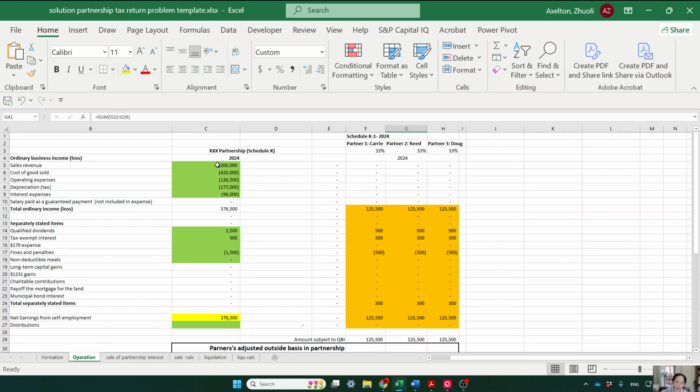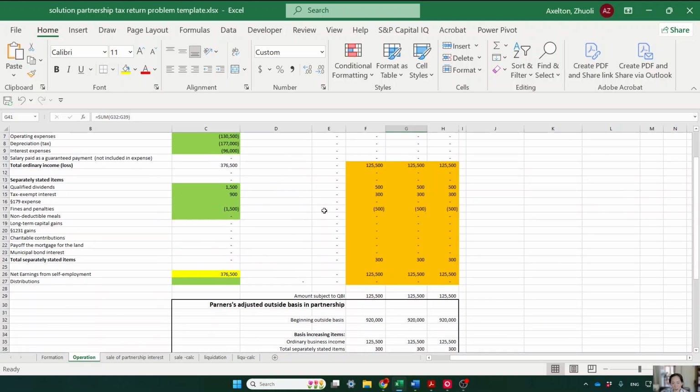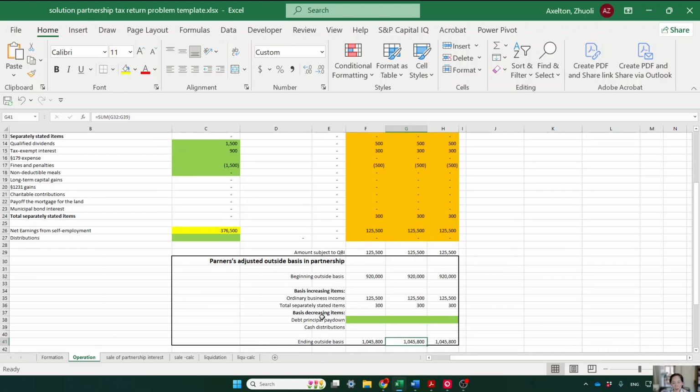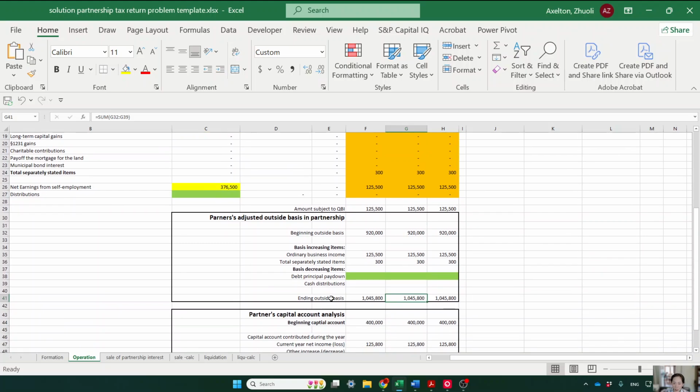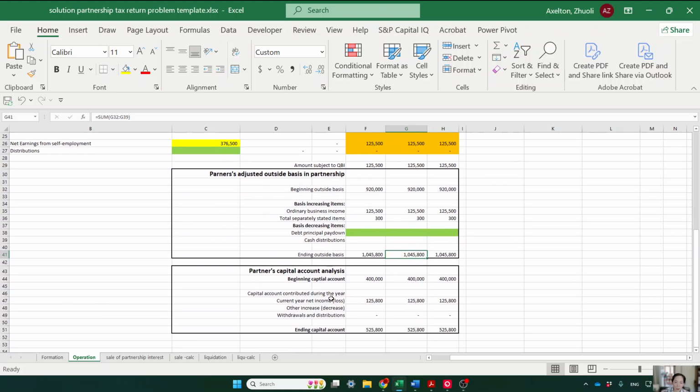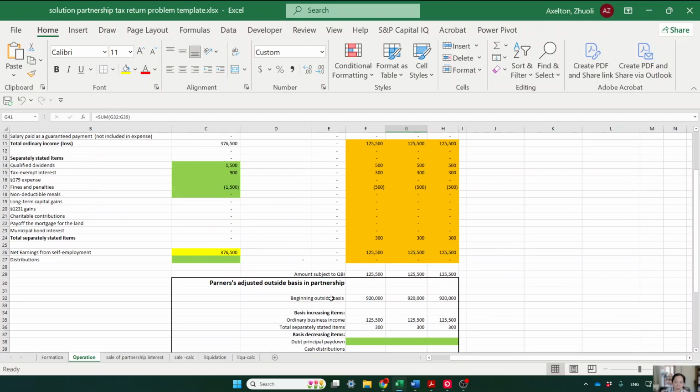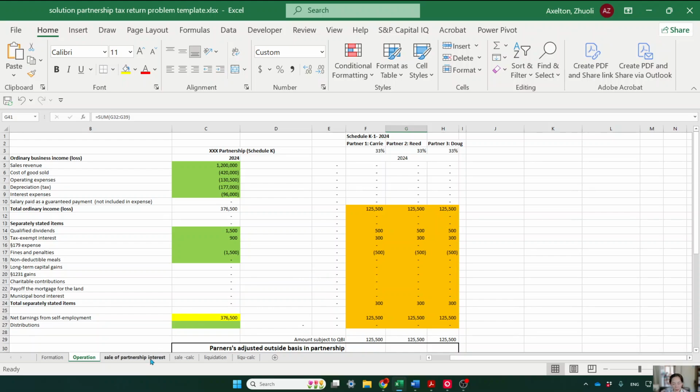Then once we figure out the operation, basically the 2024 year's operation, then we can adjust the outside basis to reflect the current year income loss and to derive the ending outside basis and a capital account as of year end 2024 to get ready for the sale of partnership interest or partnership interest liquidation calculation.